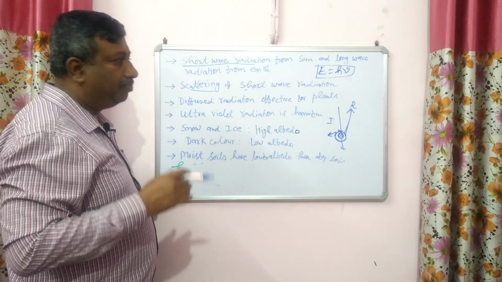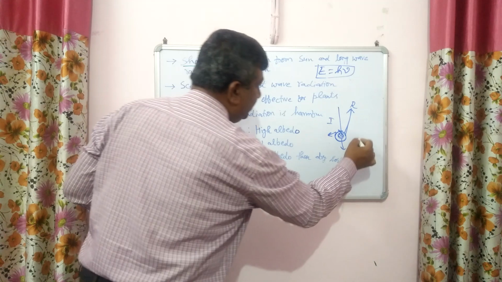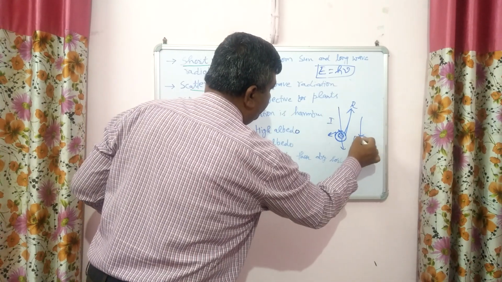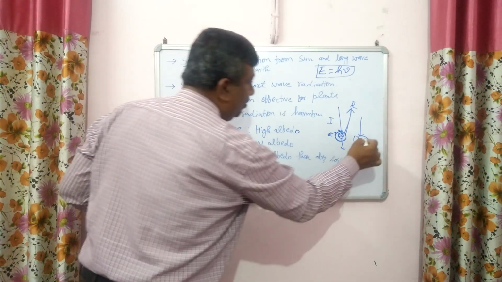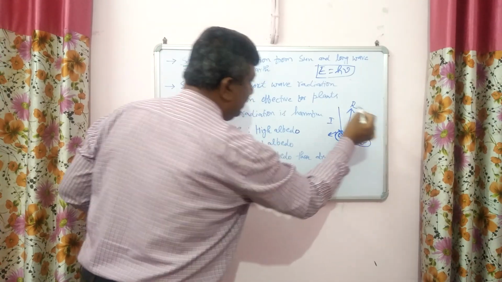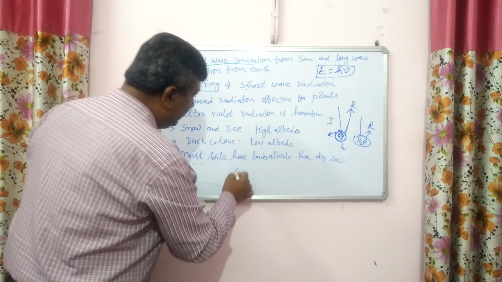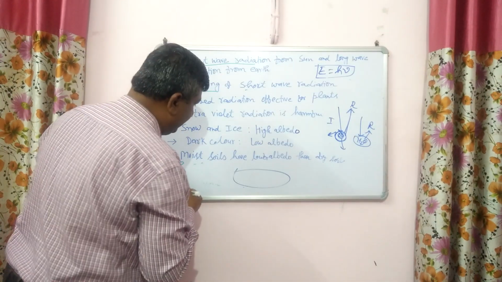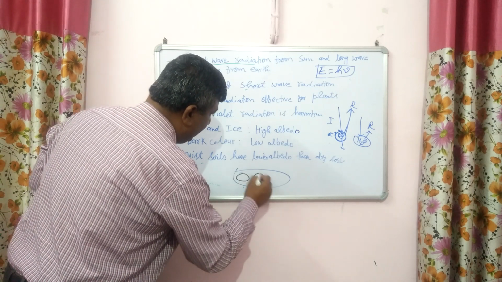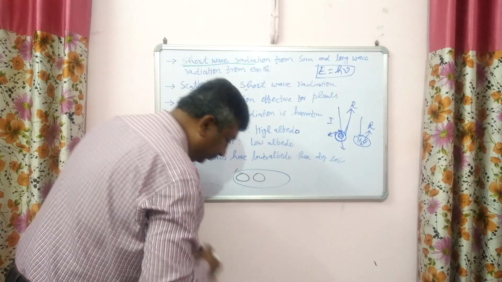So albedo is more. But if radiation falls on water, water has more absorption, so albedo is less, and reflection is less in the case of water. Suppose it is a sea, and this is the ice and the remaining is water.